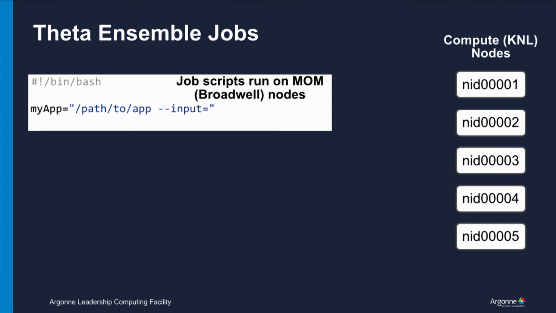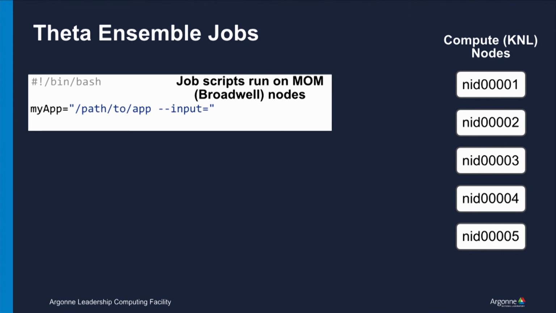So with that, let me look at a scenario that you're probably familiar with. Let's say you have 5 compute nodes in a debug job on Theta, and then you want to run some scripts on it. So one way that you can take an application and run several instances of it is to just write your own bash script.